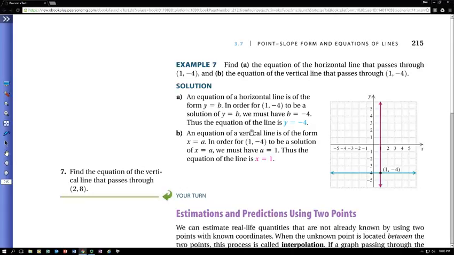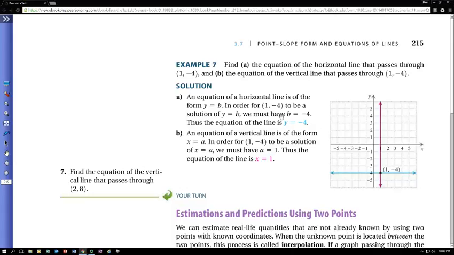Another way to say that is y equals 0 times x plus b, because isn't that the slope again? 0 times x plus b, or whatever the y coordinate is. So I can look at this and say y equals -4. And that's true. For every ordered pair, the y coordinate is -4.